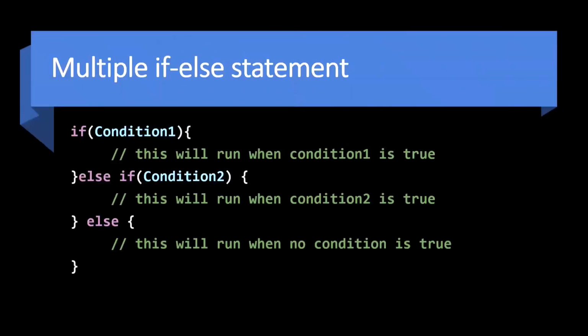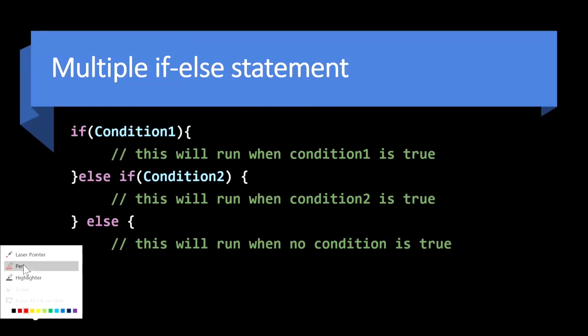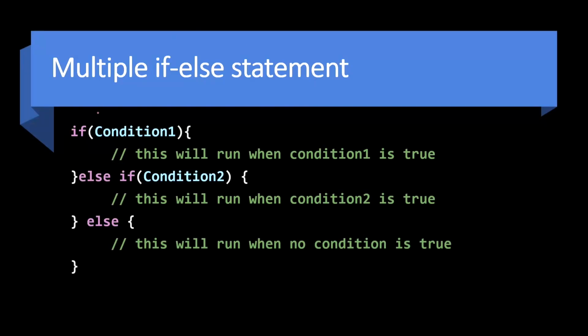Now we are going to discuss multiple if else conditions. Here you can see we have one condition which is if, and according to this condition we run some piece of code. After that we have else and then if. This is called else if. What it does is check the second condition.